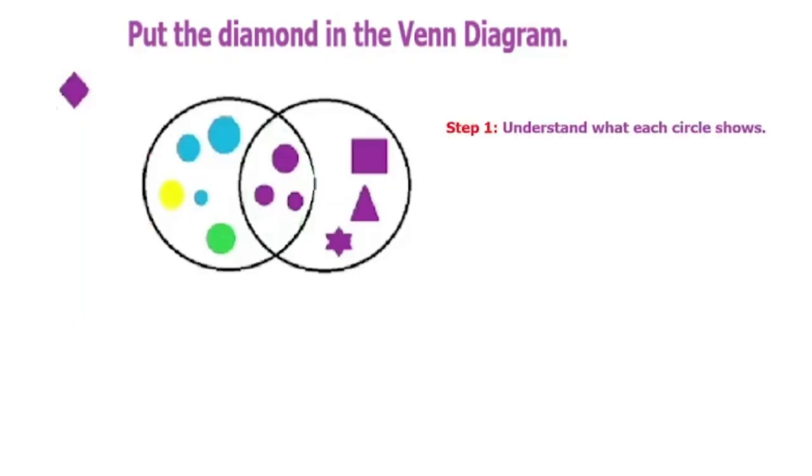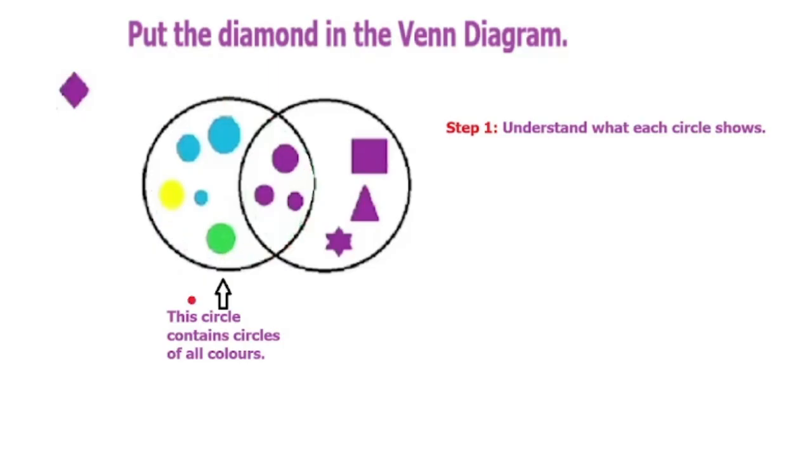So the first step is to understand what each circle shows. So we're going to understand what's inside this circle and then what's inside this circle. And what we're going to learn here will apply to any Venn diagram that you'll have to do in the future. Okay, so we could see that this circle shows only circles of all colors, no other shapes.